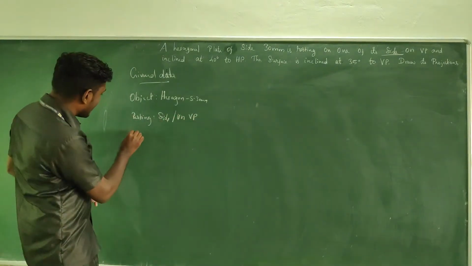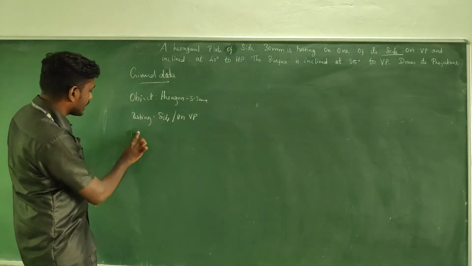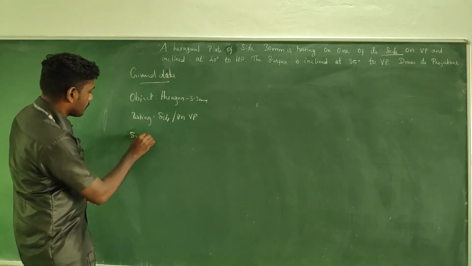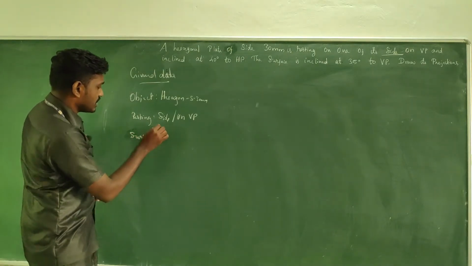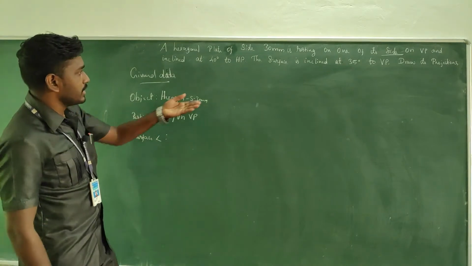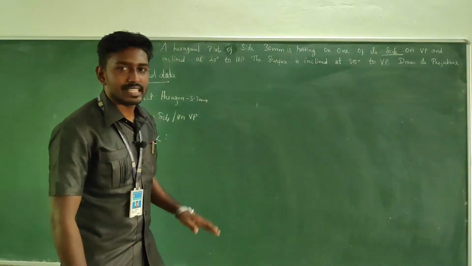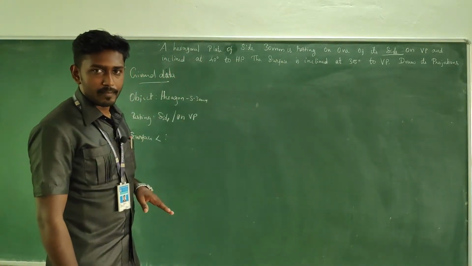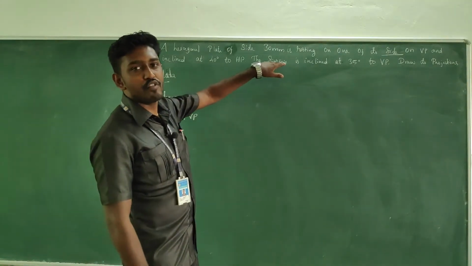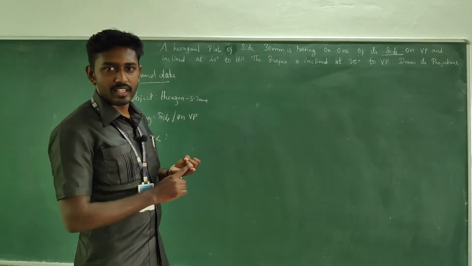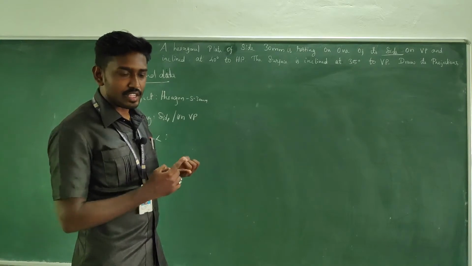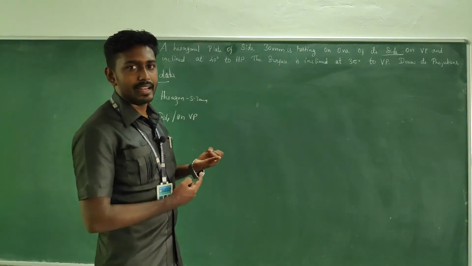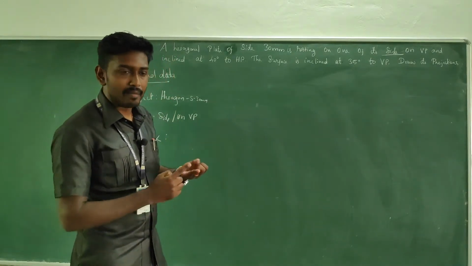And then the inclination, the surface inclination. The surface is inclined at 35 degree to VP. Do you remember the other names for surface? Surface can be popped up in other names like lamina.